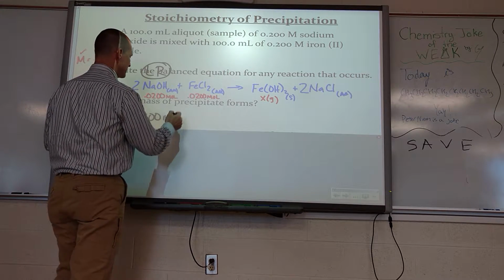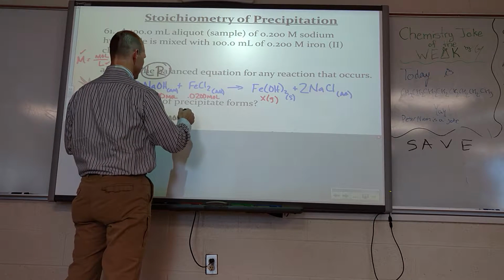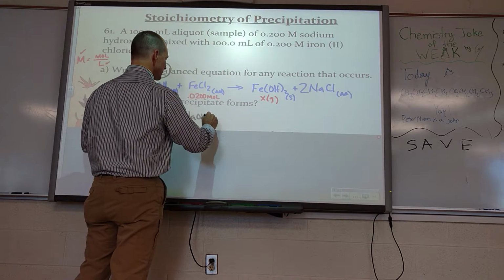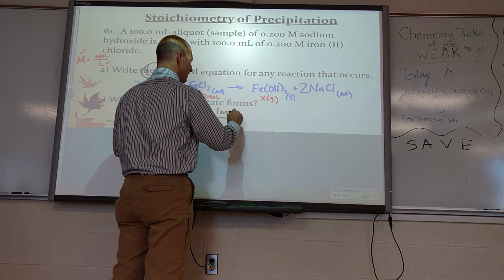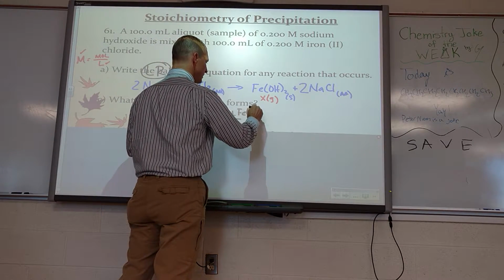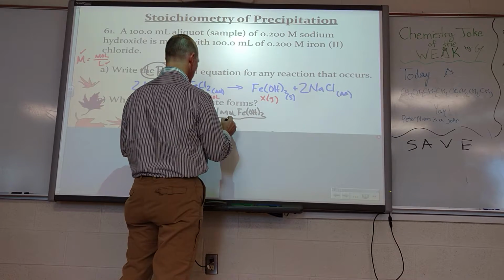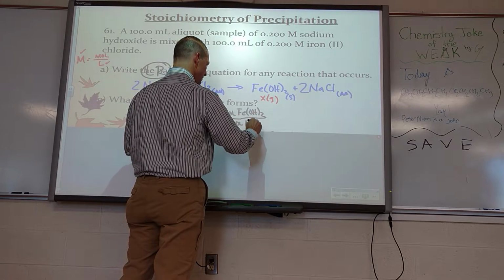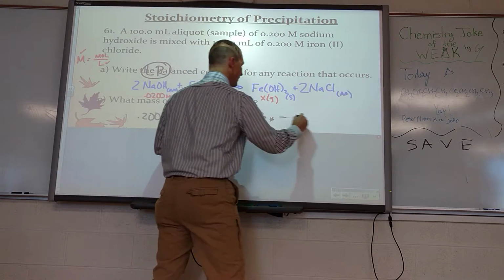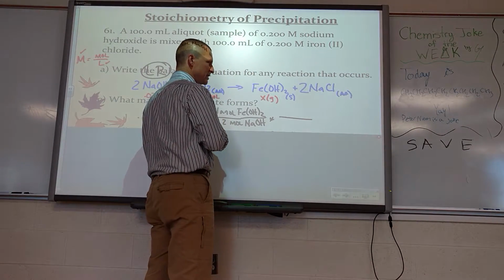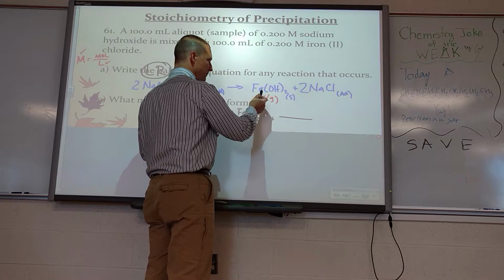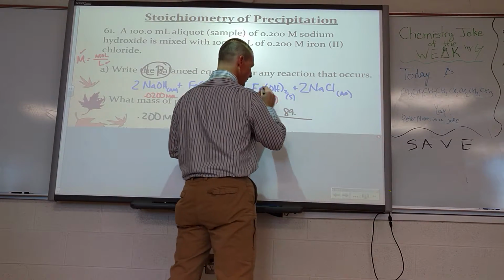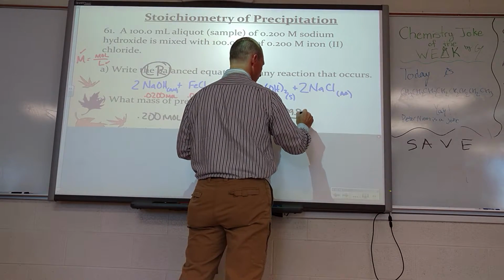It's so easy, except until we get to the conversion part. NaOH times 1 mole of iron hydroxide and 2 moles of NaOH. That converts to grams, 80 something, isn't it? 34. Right?